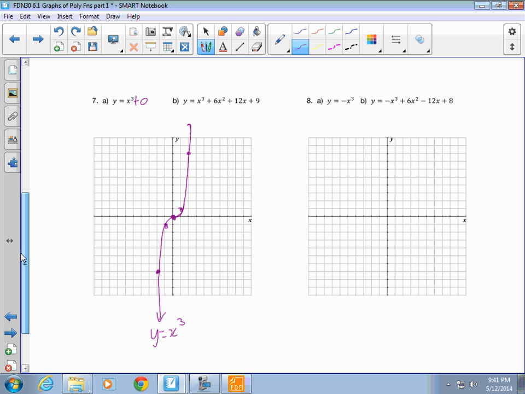For y is equal to x cubed plus 6x squared plus 12x plus 9, what you find there is a shift. So it's over 2, up 1, and then my points from there.